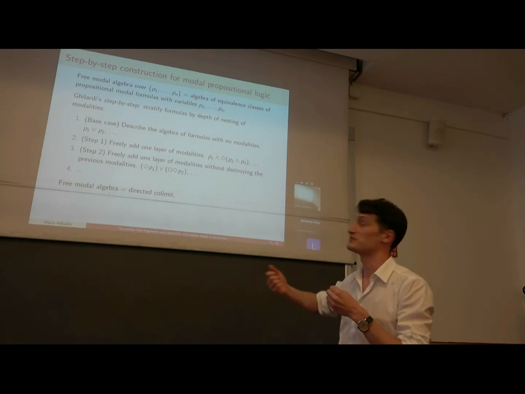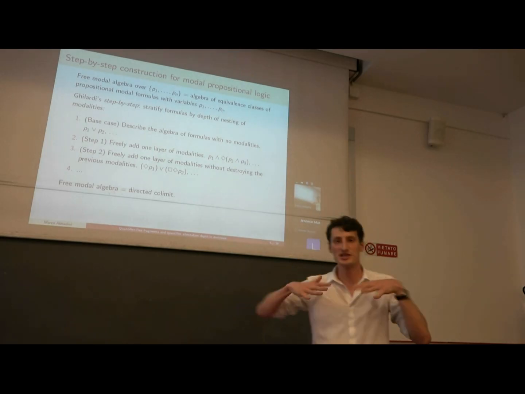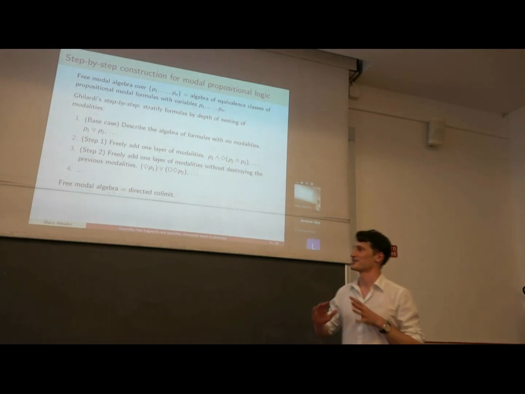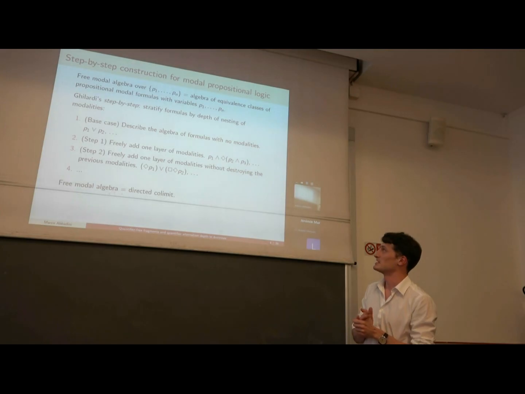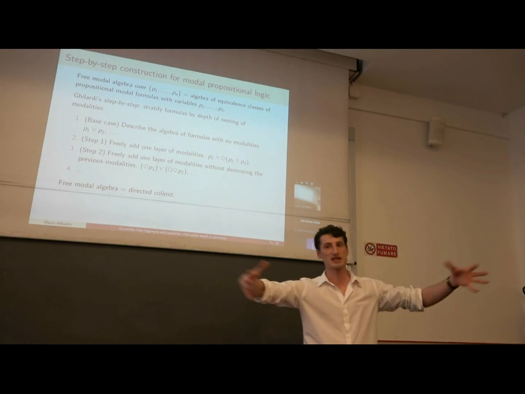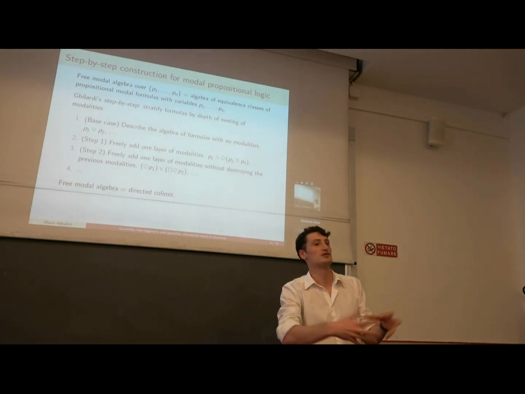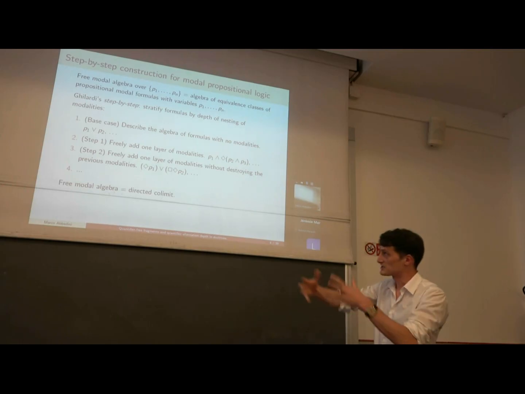But Ghilardi gave a concrete description of such an algebra using step-by-step methods. The idea is that you describe your algebra as a directed union of certain subalgebras over which you have control. And so it's an inductive procedure.